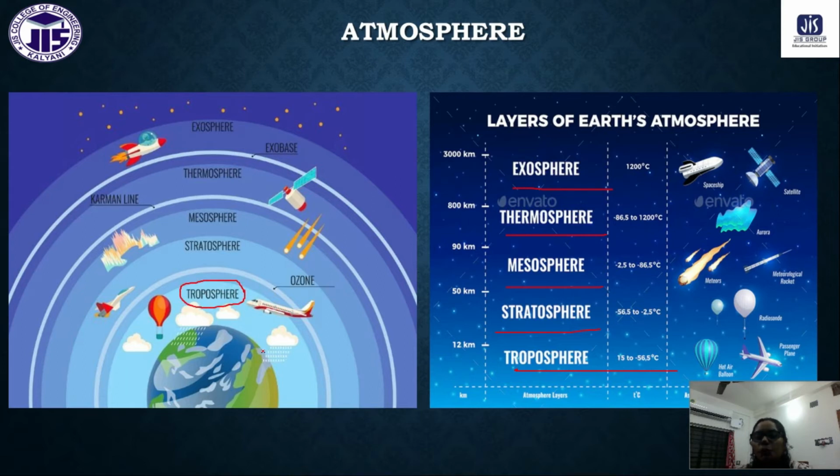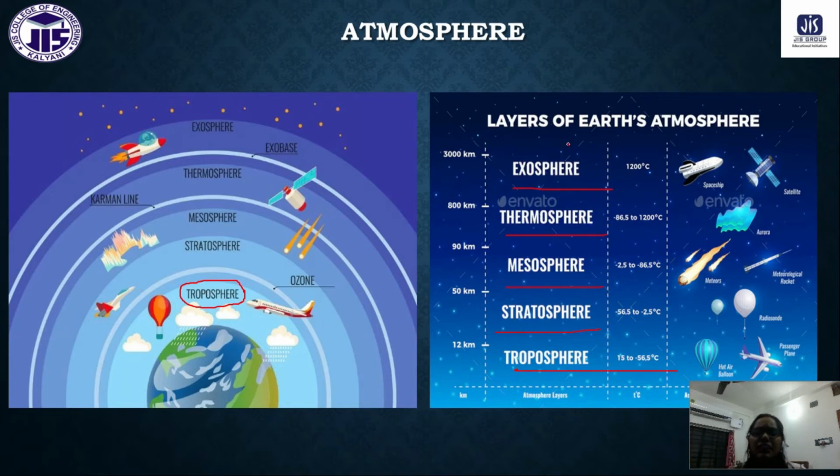The troposphere extends from sea level to around 10 kilometers. As the distance increases, the temperature will decrease. So in the troposphere, as we go upward, the temperature decreases.